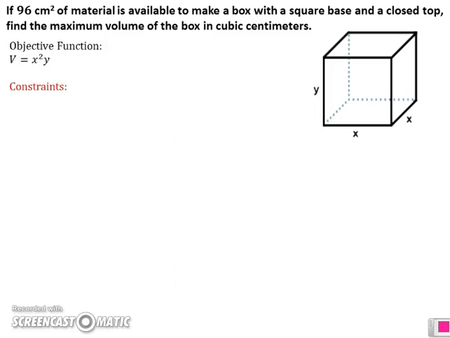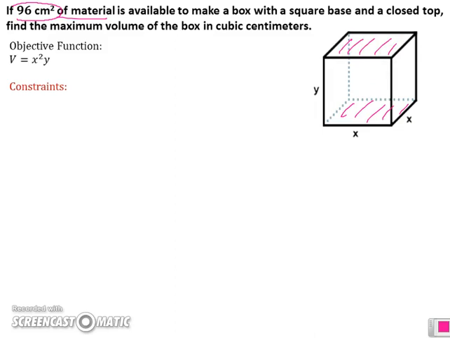And the constraint in this problem represents the 96 square centimeters of material to make the box. So that's surface area. So think of surface area. We've got the bottom, which is x times x, and the top, which is also x times x. We're talking about area.